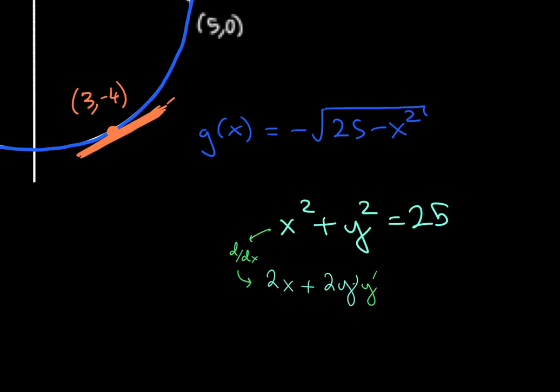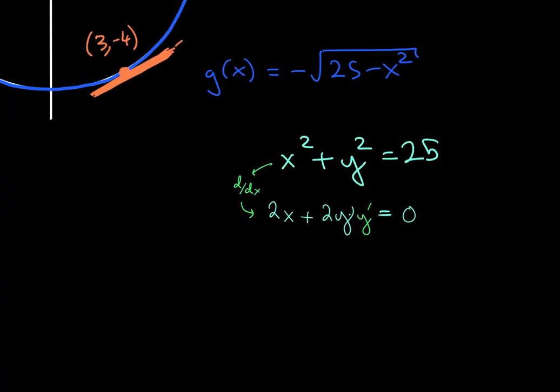Because y is a dependent variable depending on x. If we're taking the derivative of y with respect to x, you have to use the chain rule. This function y is inside this other function, something squared. So the derivative of something squared is 2 times that something, but then I have to take the derivative of that something because of the chain rule. And then, of course, the derivative of a constant 25 is 0.